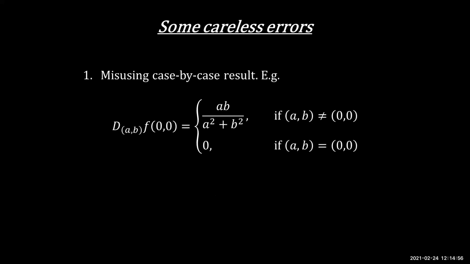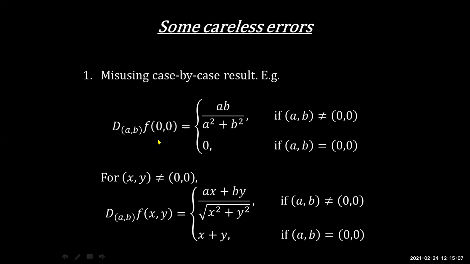Next, I've also compiled some careless errors that commonly appear. Firstly, be careful when using case-by-case results. For example, sometimes the directional derivative of a function in the direction AB at the origin is given by this, and at points other than the origin is given by something like this.